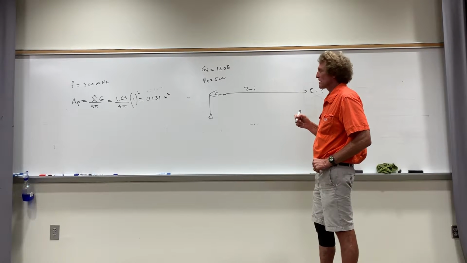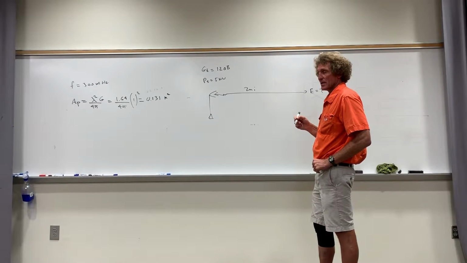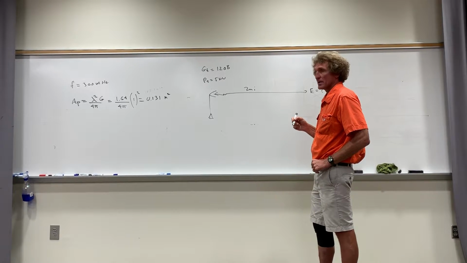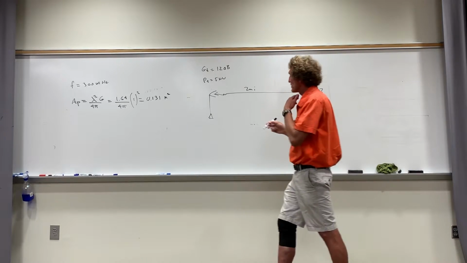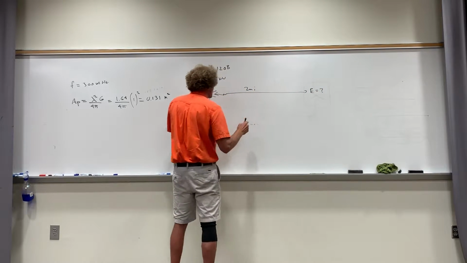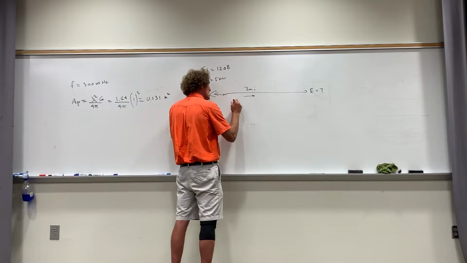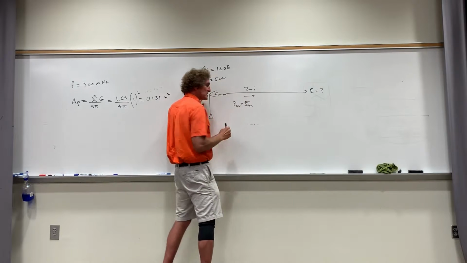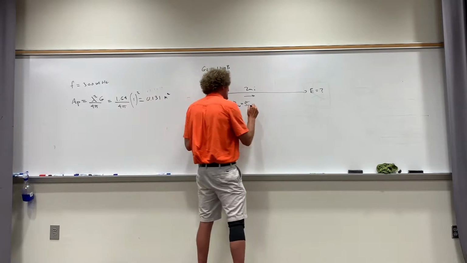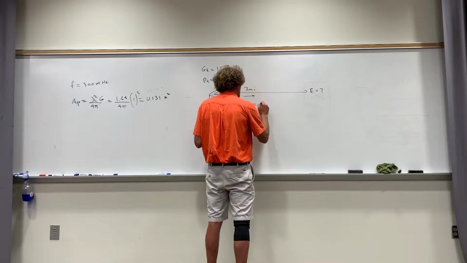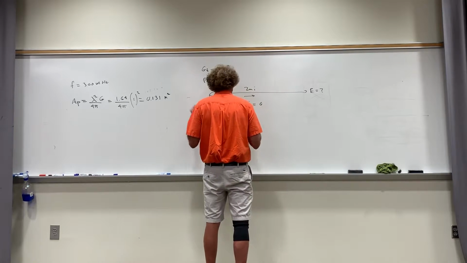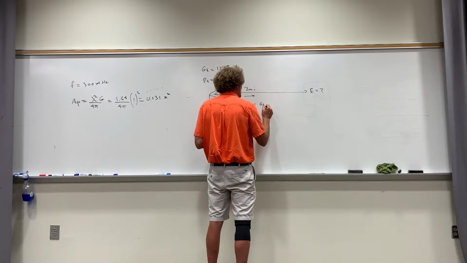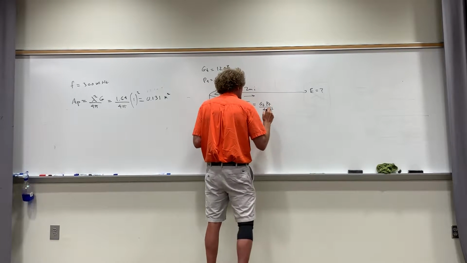Now how would you do that problem? This is a typical problem where you have to understand the basics of gain and electric field. First of all, if you have an antenna with a certain gain, then the average power density at any point, which I like to call S_av because that's the Poynting vector, will be equal to the gain of the transmitter, not in dB but linear, times the power transmitted over 4 pi r squared.